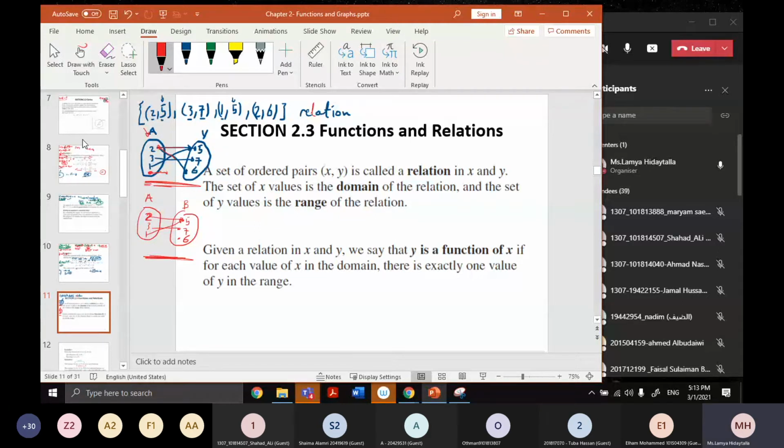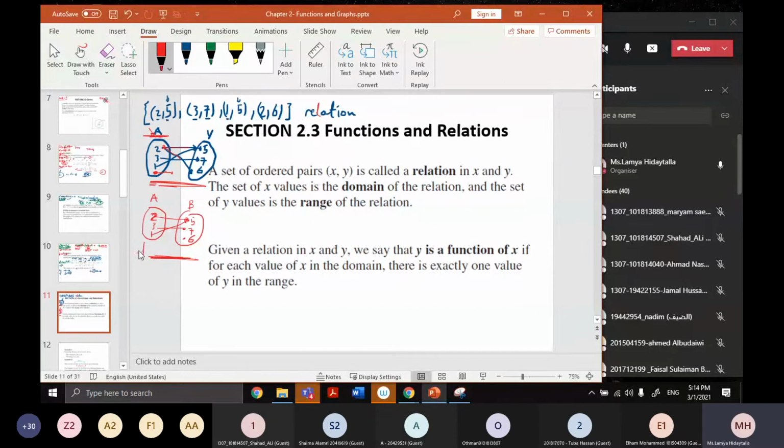Clear? Now we will call the elements in this first set, the set of what? Domain. So this is the domain of the function. This is from where you will pick your element and substitute. Later, you will know if the function is given by a formula.